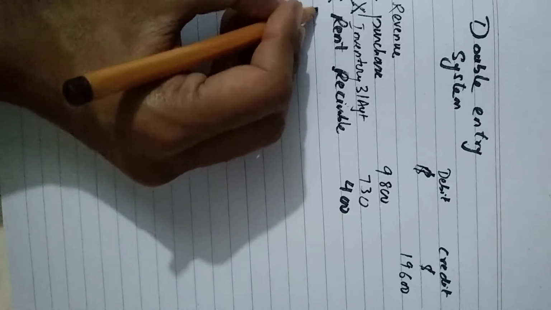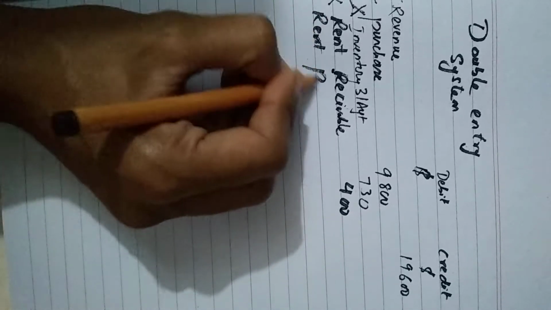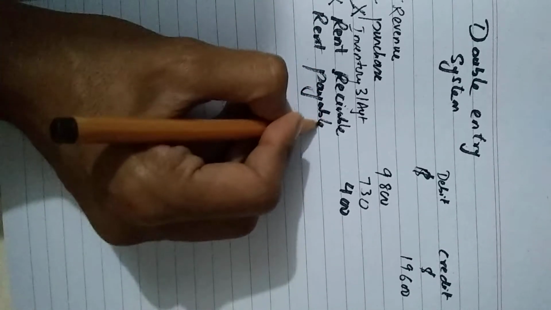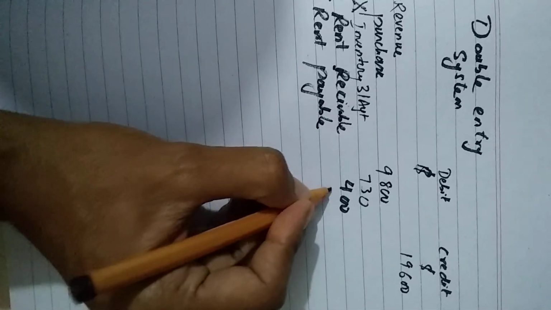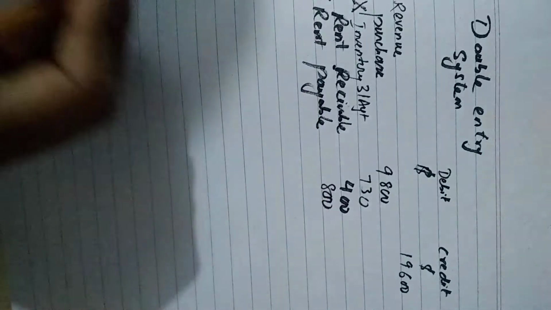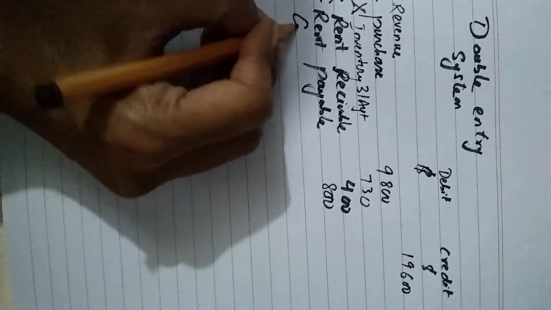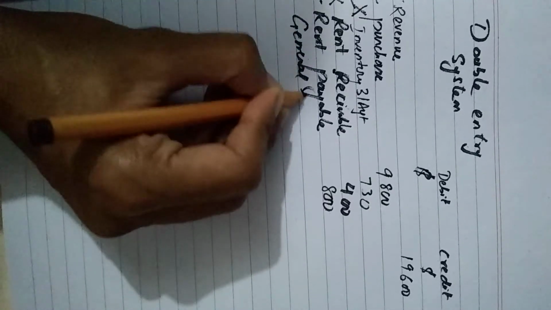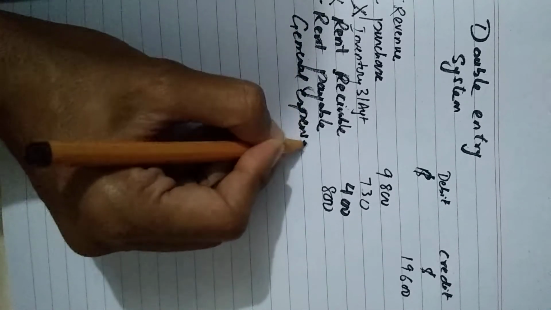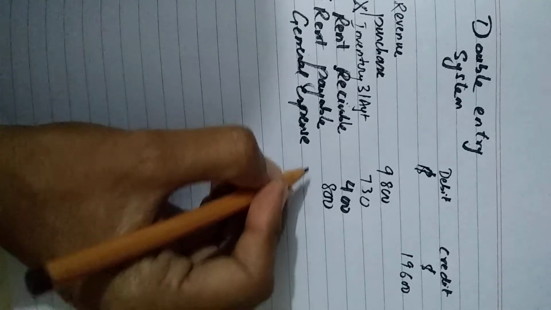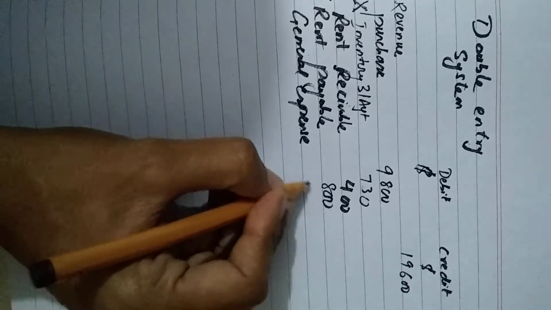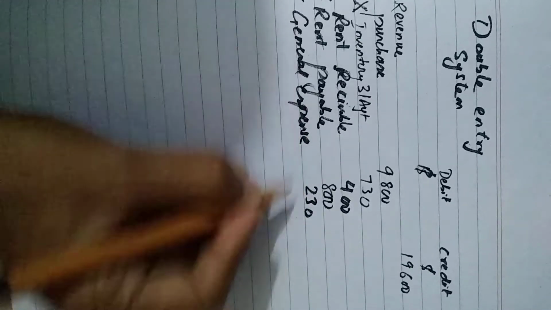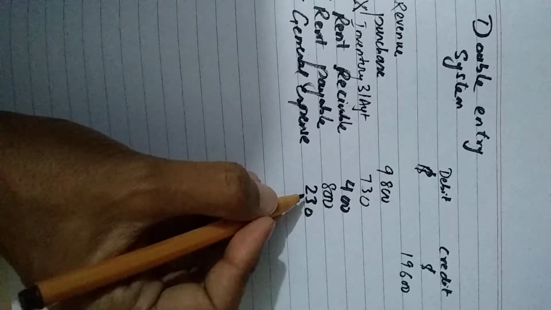Rent payable is our expense, so it is correct. Journal expense, 230, is correct because expense is always recorded on the debit side.